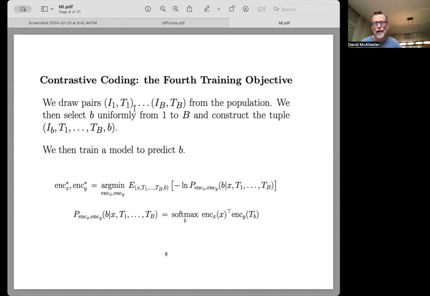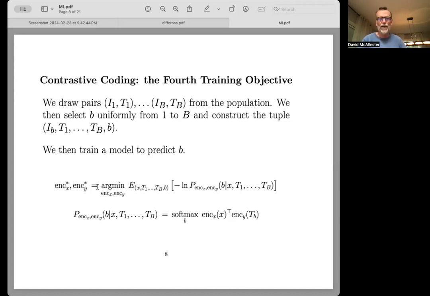We then select one element of the batch, a little b from 1 to B, and construct a tuple, which is the image plus the texts. The task is to predict which one of these texts was associated with this image. This index b tells you which text was associated with this image, and the contrastive learner has to predict this label b.